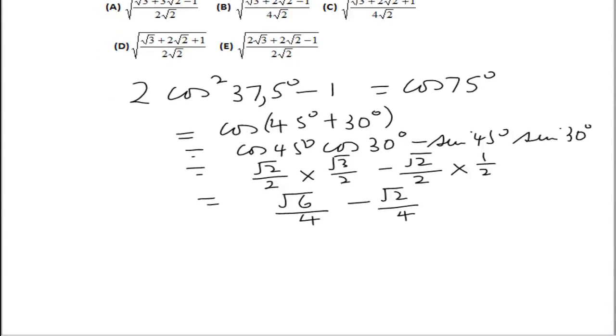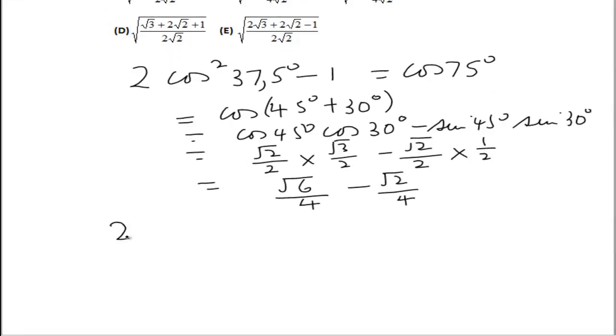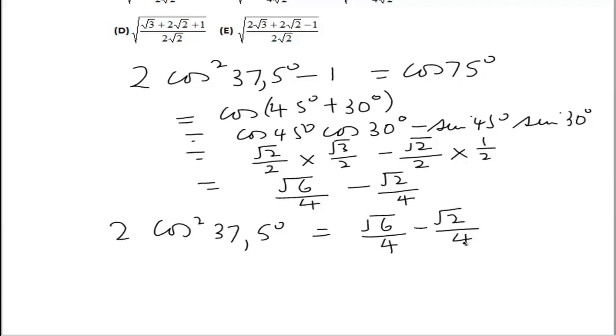If I take the plus 1 to the right hand side first, I will have 2 cos squared 37,5 degrees equal to root of 6 over 4 minus root of 2 over 4, and I make it plus 1, so it's plus 4 over 4.